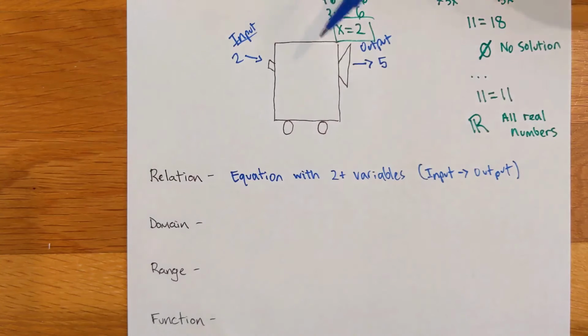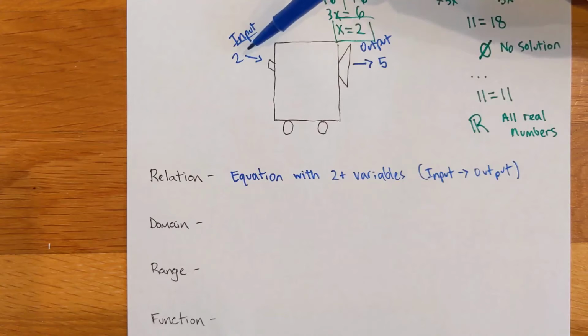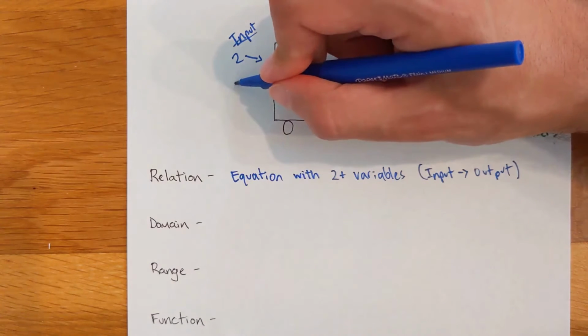There's a lot of things that could happen inside this machine to get me from 2 to 5. Maybe it added 3 to the number. Maybe it multiplied by 4 and subtracted 3. Maybe it squared the number and added 1. The possibilities are endless.